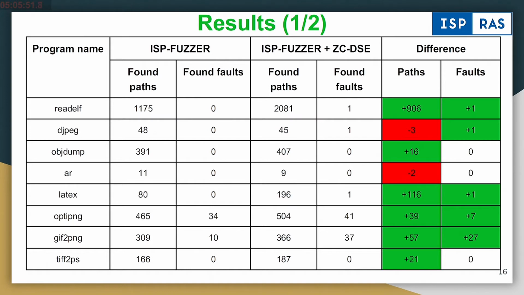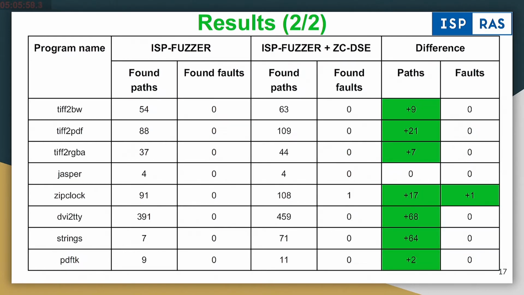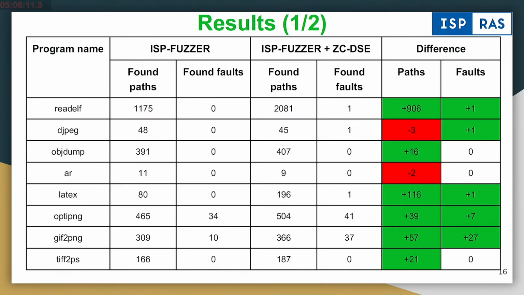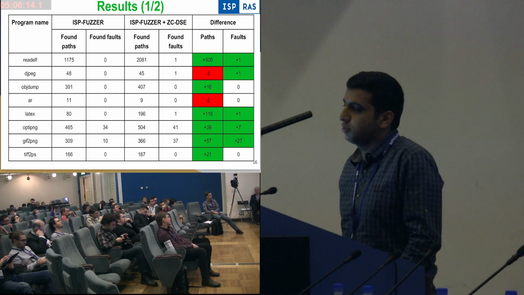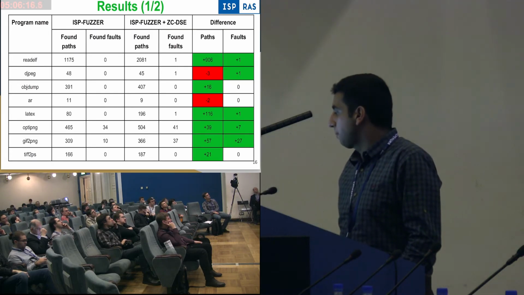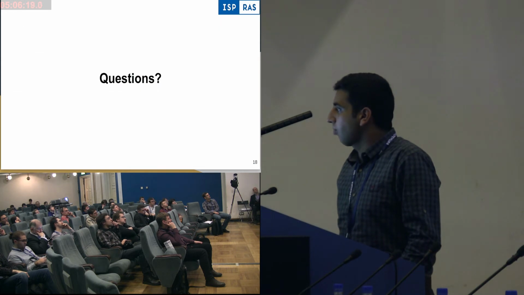From the table you can see that only in two programs we have negative results. In the rest we found more paths in the program, and we also found bugs in the program that were checked manually.